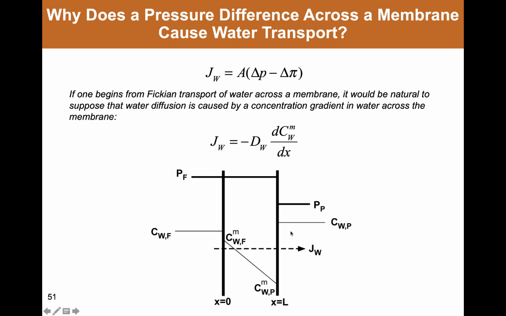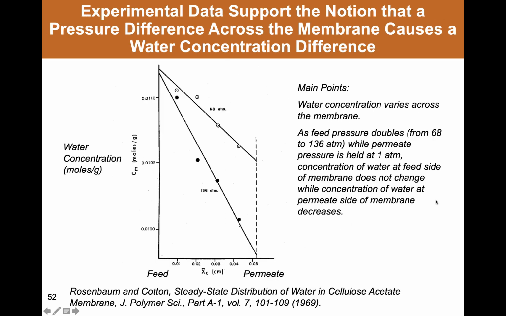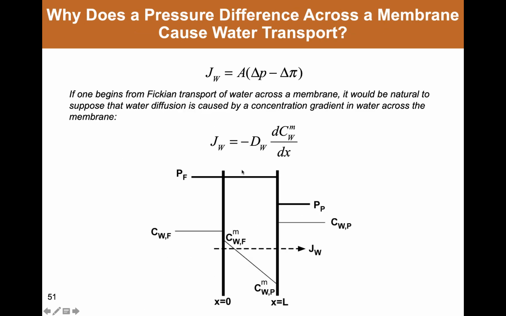A key thing to note that we're not going to discuss in detail here is a result from mechanics, and that is that if you have a dense or non-porous polymer membrane and you apply a high pressure to one side of it, and the back side of it is supported in some way such that the membrane simply can't move as a result of the pressure difference, then that pressure is actually transmitted entirely through the membrane to the back face of the membrane.